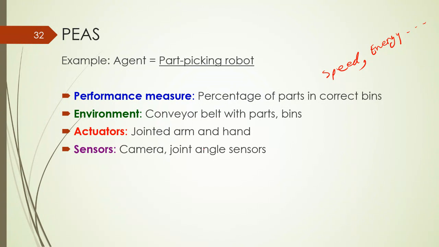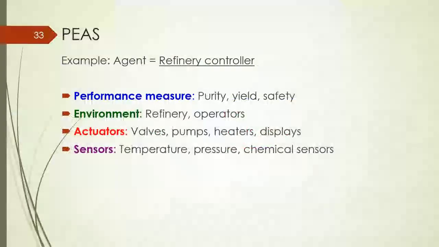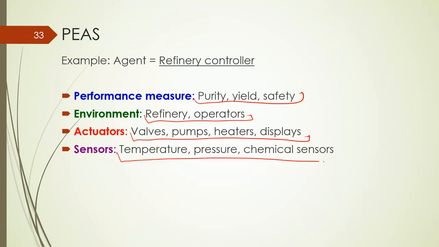Sensors are camera, joint angle, limit switch, RFIDs, and others might also be considered input sensors. Refinery control is a similar thing. You define performance, you define your environment, you define your actuators, you need to define your sensors.